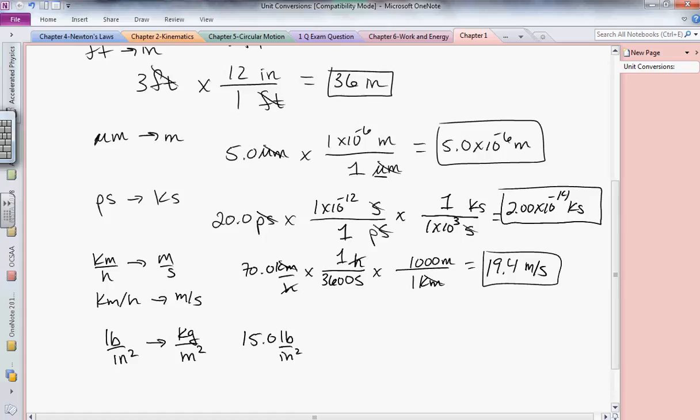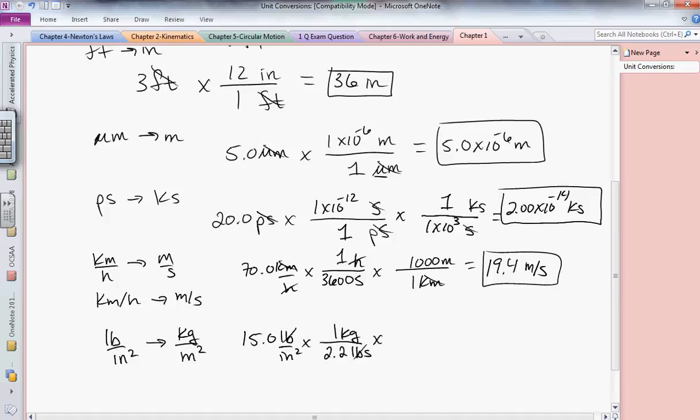And so if I were working a problem, I would want to convert that to kilograms per meter squared. To do that, just as we did with the ratio prefixes, I'm going to change one prefix at a time. So I'm going to start with pounds. There's 2.2 pounds per kilogram. Okay, so that first conversion factor gets me kilograms.